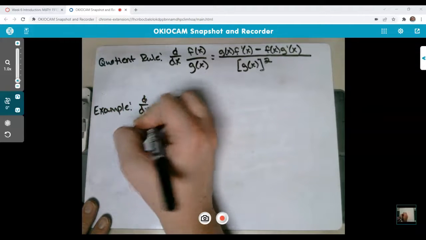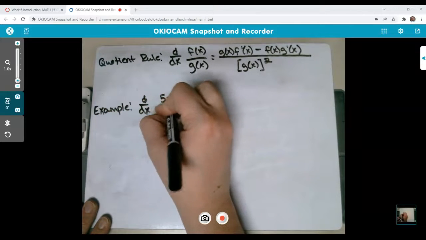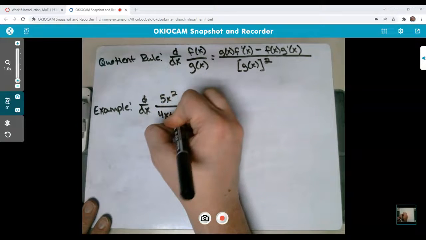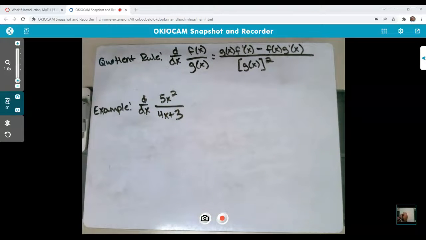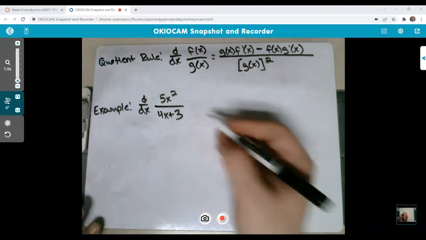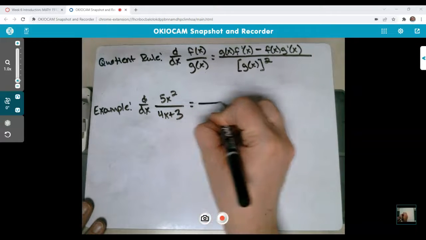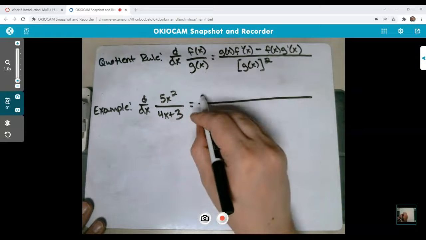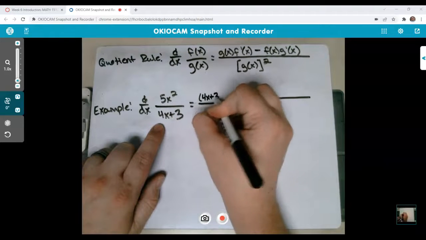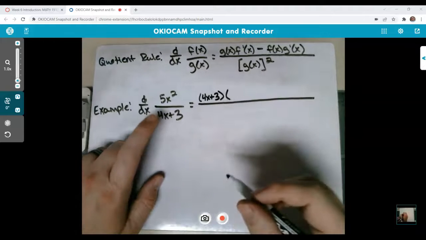Let's find the derivative of 5x squared over 4x plus 3. So again, I know I'm going to use the quotient rule because this is a quotient. Okay. So using the quotient rule, we start with low d high, so the denominator times the derivative of the numerator.